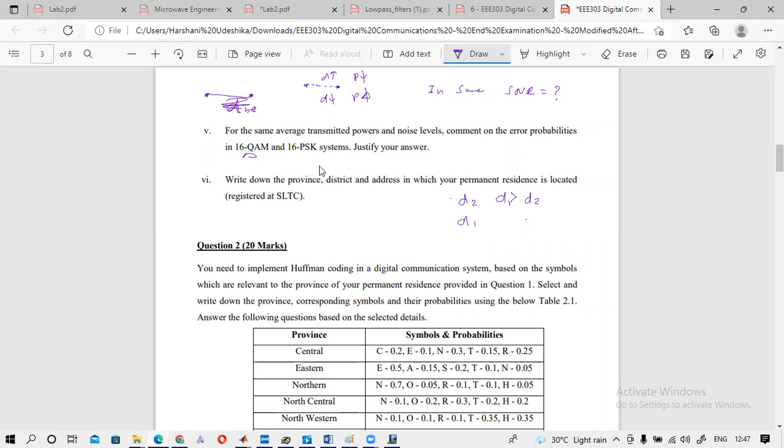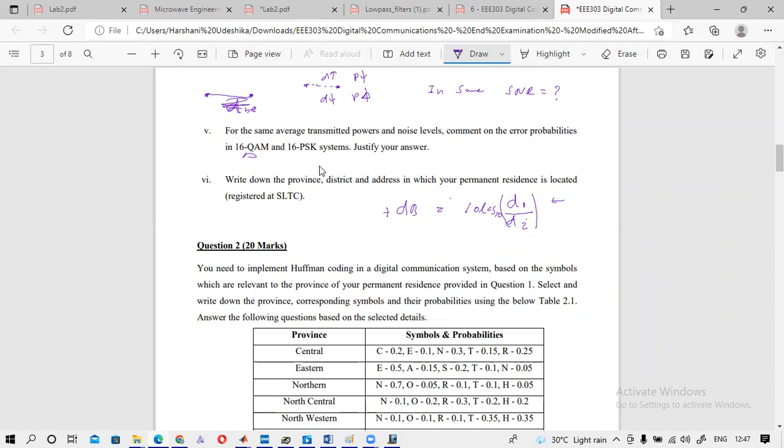If you take the ratio between d1 and d2, and take the logarithmic value, the decibel value of this distance ratio, 10 log10, you will get the dB value. Actually this will be a positive dB value because d1 is higher.